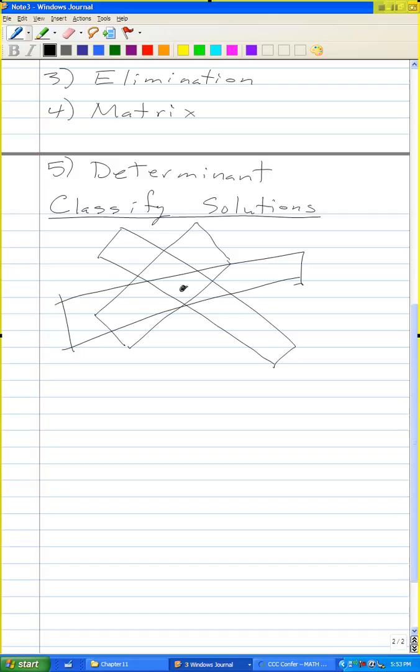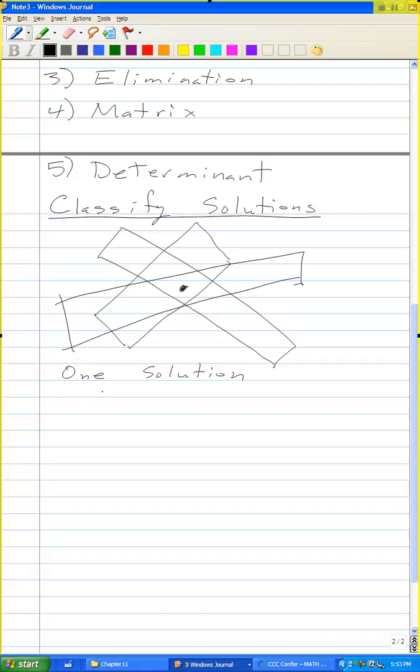If you looked at your ceiling and two walls, notice that there's a corner where all three of those intersect. So that would be a solution of your system of equations. And so this has one solution to this system of three simultaneous linear equations.